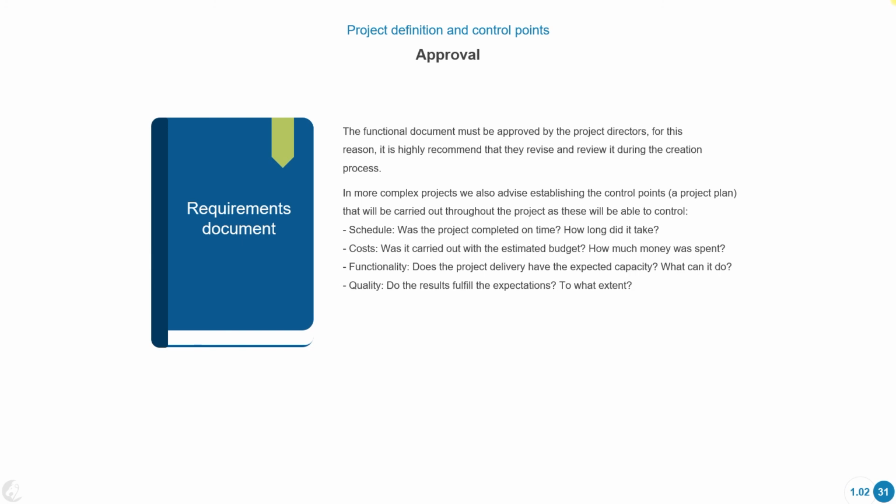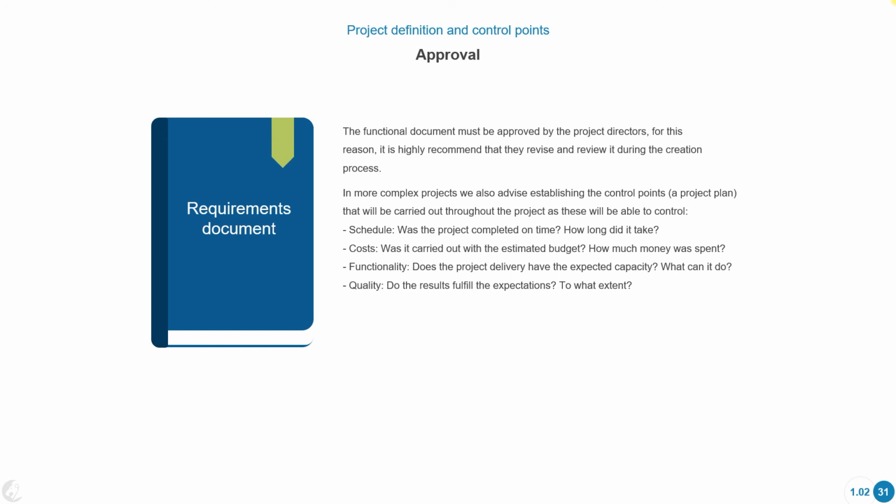In more complex projects, we also advise establishing control points or a project plan that can be carried out throughout the project. This way we're going to be able to control the schedule, if the project is completed on time, how long it took, the costs, like was it carried out with the estimated budget, how much money was spent, and functionalities, does it actually deliver all that we expected, or not?